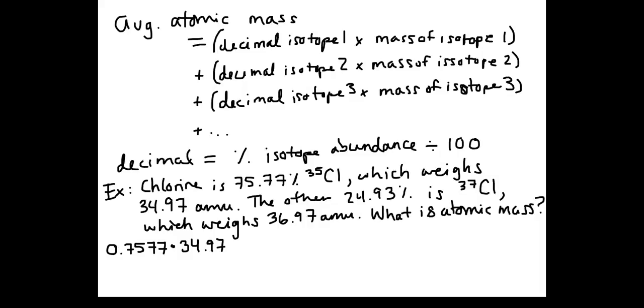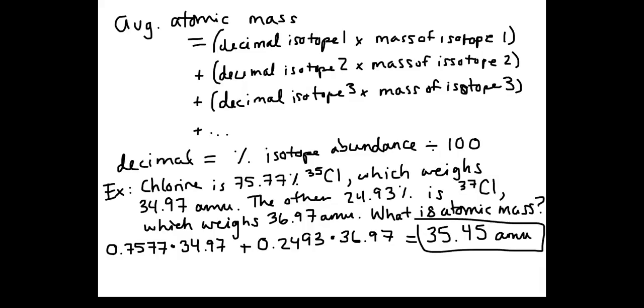So our next part is 0.2493 times the mass of chlorine 37, which is 36.97. And when you do the math, you should get 35.45 AMU. And you do have to watch your sig figs on this question.